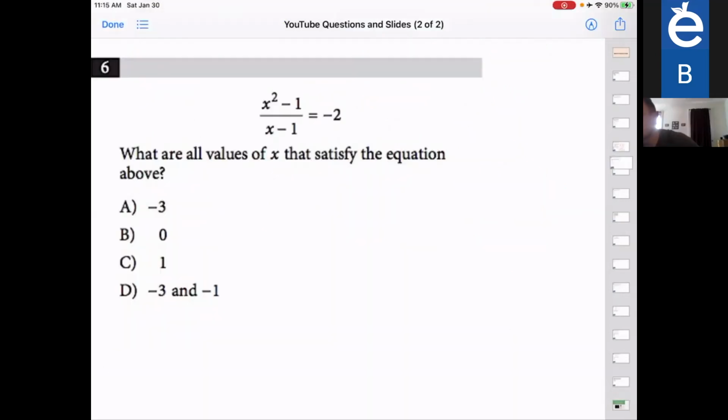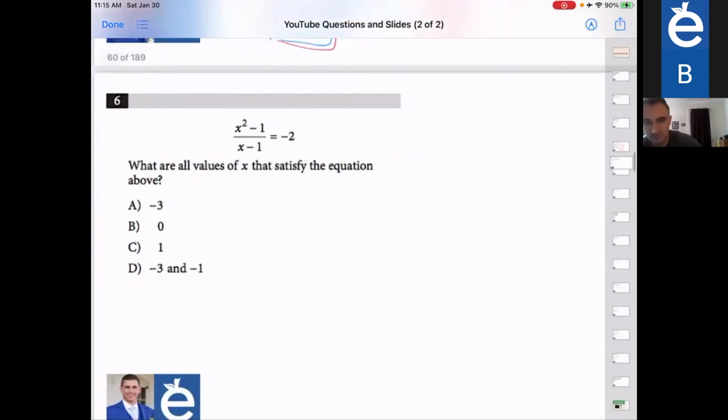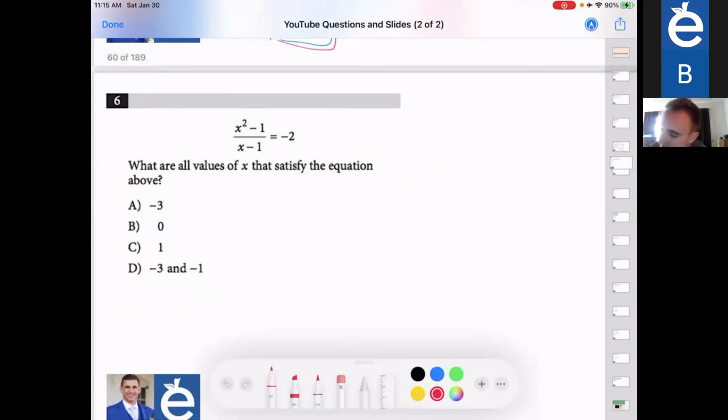Let's see here. What are all the values of x that satisfy the equation above? So let's write what we got. x squared minus 1 over x minus 1 is equal to -2. That numerator should look somewhat familiar to us. It's a difference of 2 squares, right?